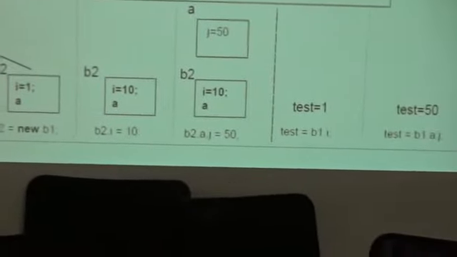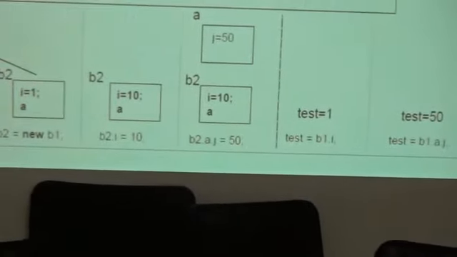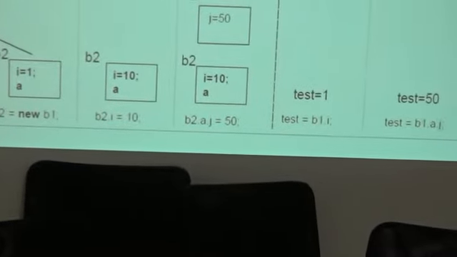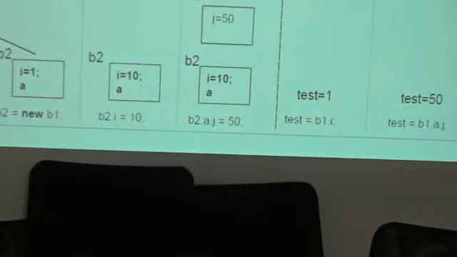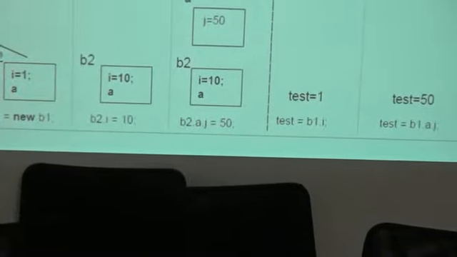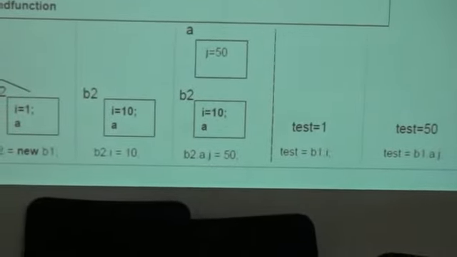Now I was updating b2.a.j. b2 is the object handler of class B, and it is handling a, which is also an object handler of class capital A, and in this I was accessing j. What is j? j is a property in class A. I was updating that value to 50.